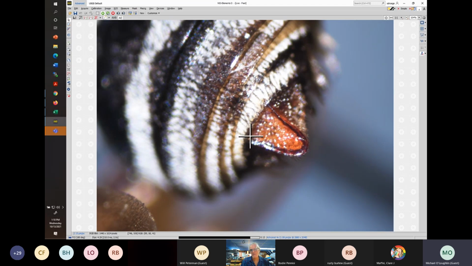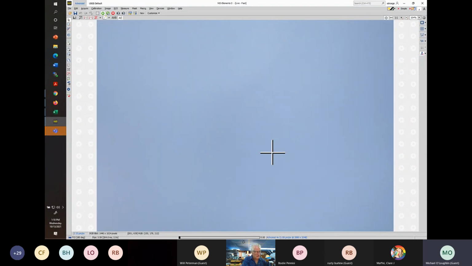So it's very difficult to see, but that's the line right there between the two plate faces, relatively narrow. Pygidial plate, but that's a subjective thing.